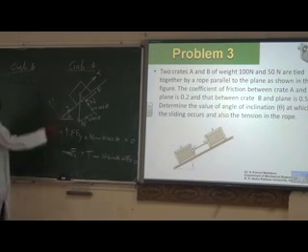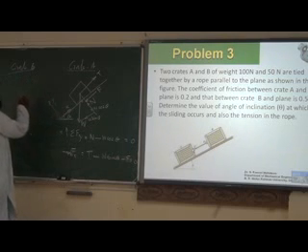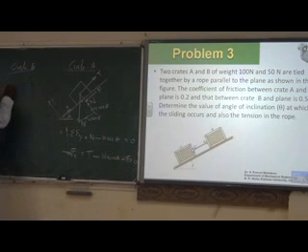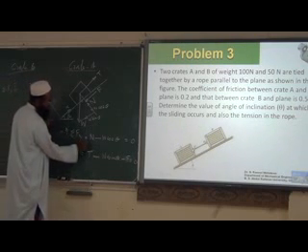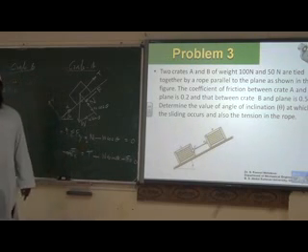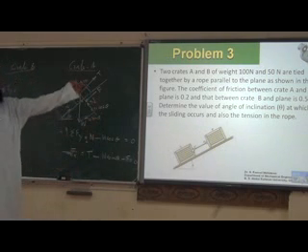Then for block B, you can replace W by 100.